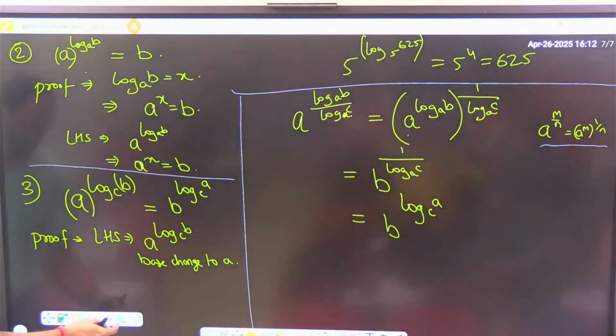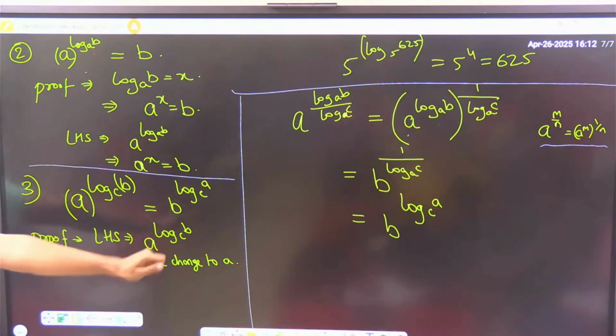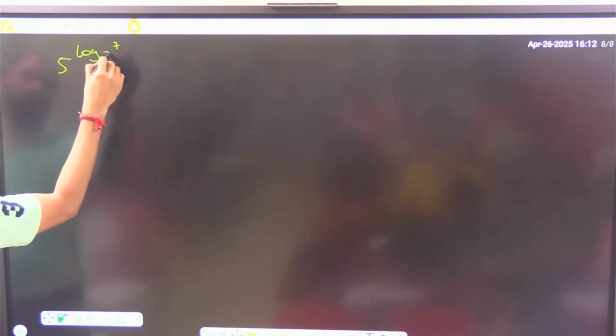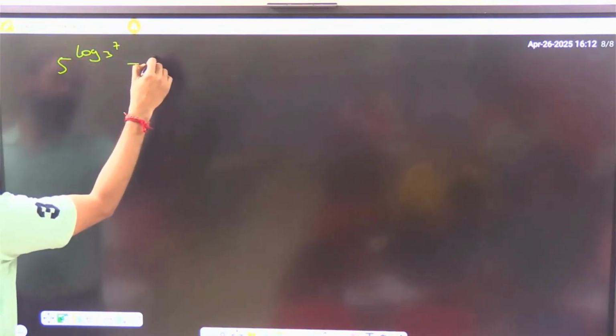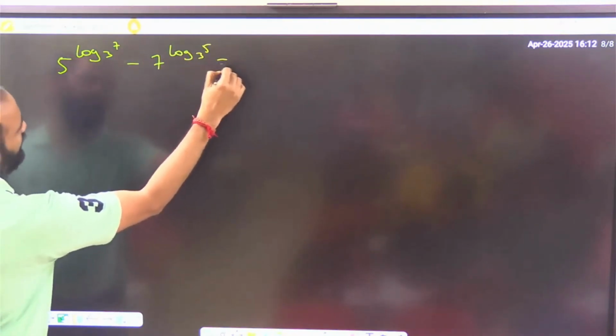Is that done with this? Okay, so move on. So this would be like saying, suppose if we have an expression of this form. What is the value of this?